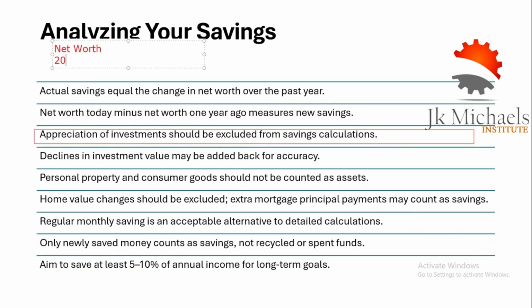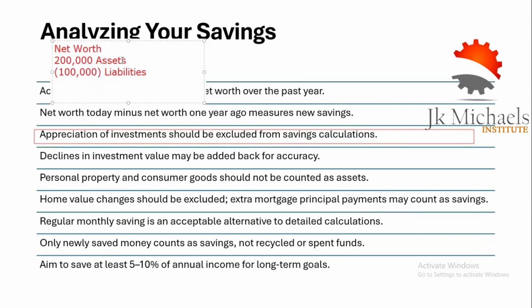My net worth: I have 200,000 in assets, and then my liabilities are 100,000. These are my liabilities or my debts. My net worth is going to be 100,000.